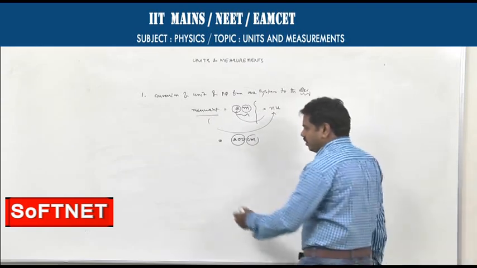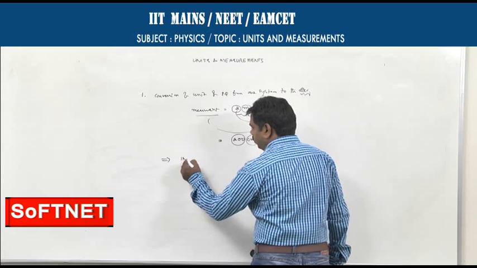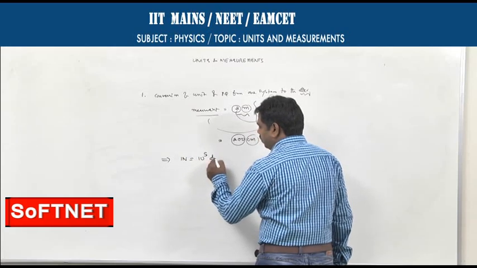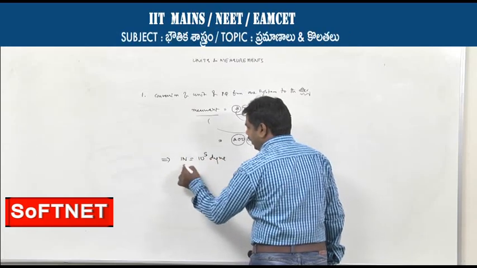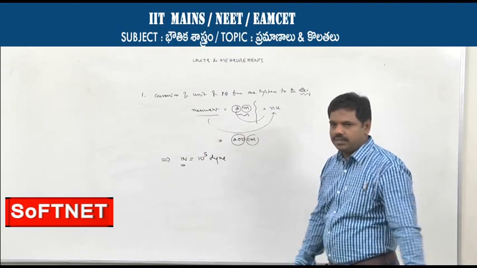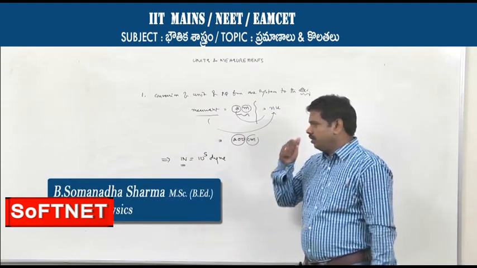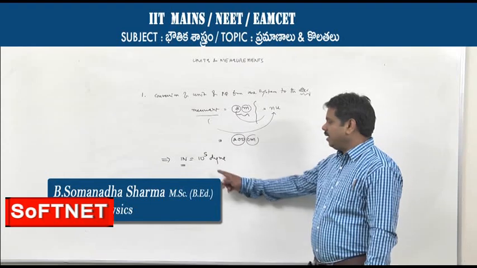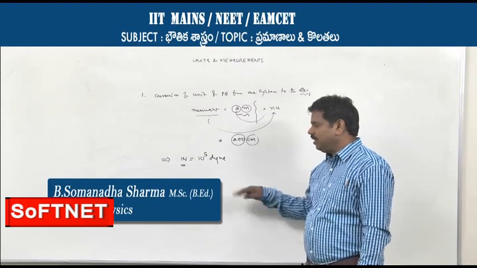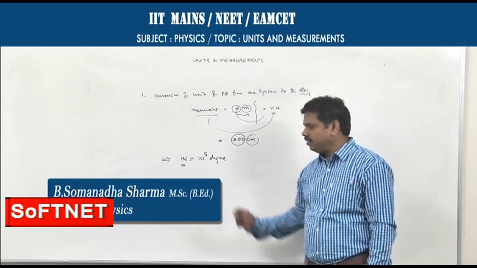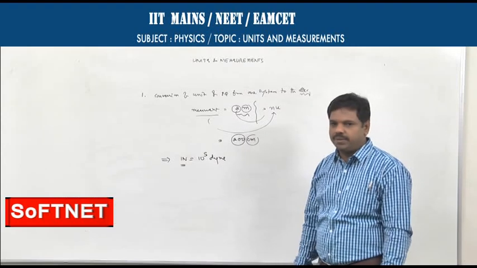How? For example, here we are going to prove that 1 Newton is equal to 10 to the power of 5 dyne, where Newton is the unit of force in SI units and dyne is the unit of force in CGS units. Then how to get this relation? 1 Newton is equal to 10 to the power of 5 dyne.